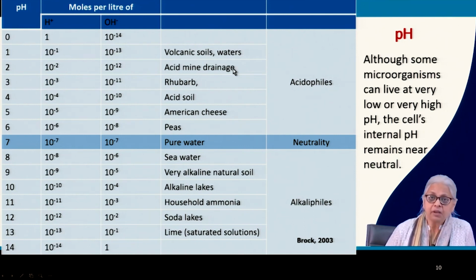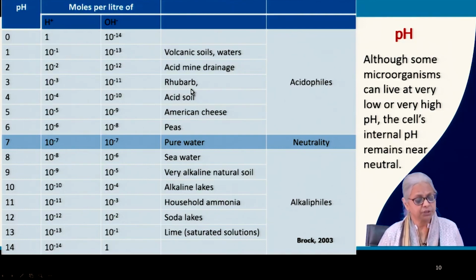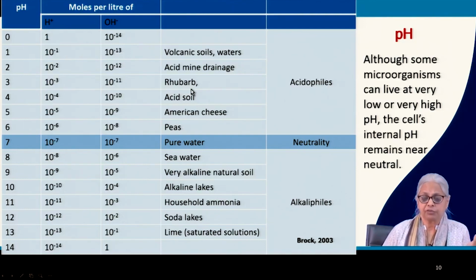From the environmental perspective, some of the things that are very important for us are the acidophilic bacteria. These are found in volcanic soils, in acid mine drainage, in certain types of food, in cheese, in peas. These are some of the foods as well as other environments where you're likely to find acidophilic bacteria.